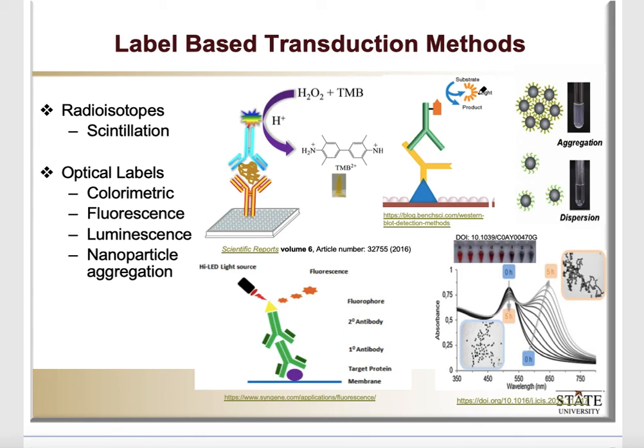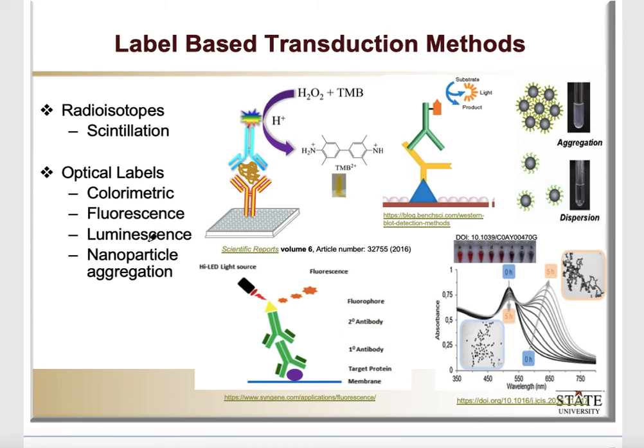So basically you end up creating light through a chemical reaction, and that light can be detected by a spectrophotometer. Fluorescence is read by a fluorescence spectrophotometer, like the one that you guys utilized in my lab. Luminescence can be read with the same spectrophotometer.